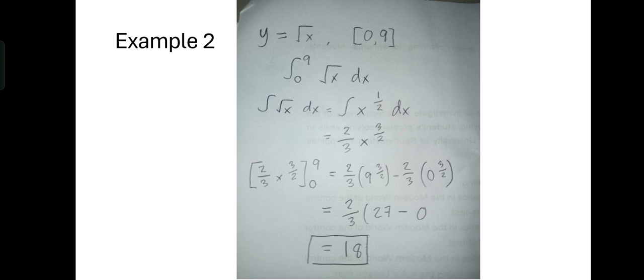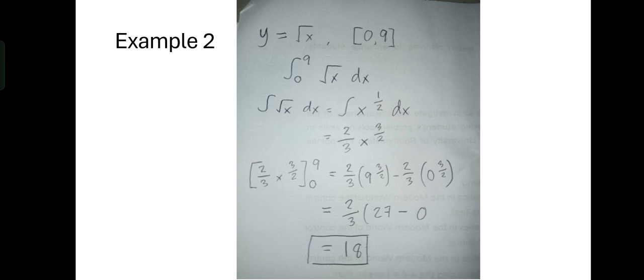This type of problem is about finding the area under the curve. The first step in solving this type of problem is to write the formula for the area under the curve. So the formula is the integral of square root of x with respect to x from 0 to 9.